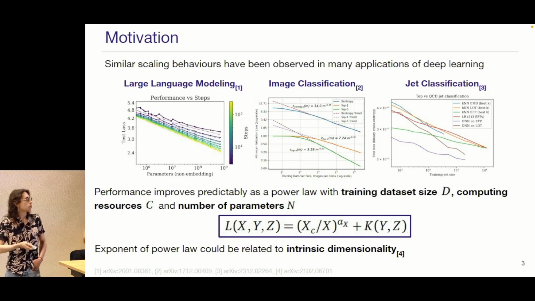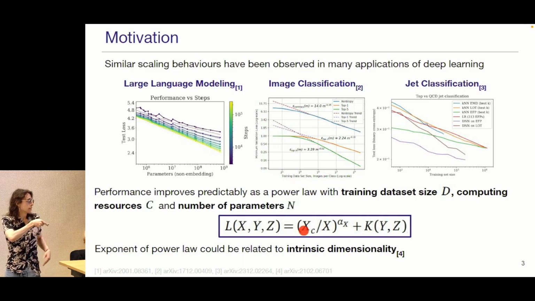Empirically, we see that performance increases predictably as a power law when you increase the training data set size, the computing resources, or the number of parameters. So you have a law where X, Y, and Z could be any permutation of these three resources.